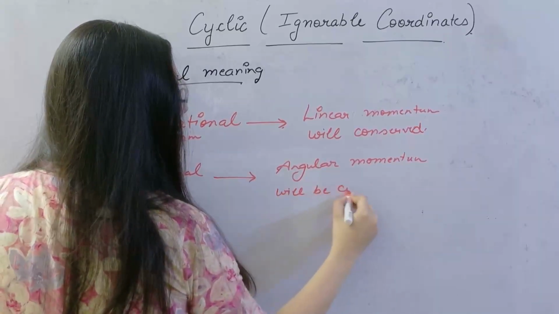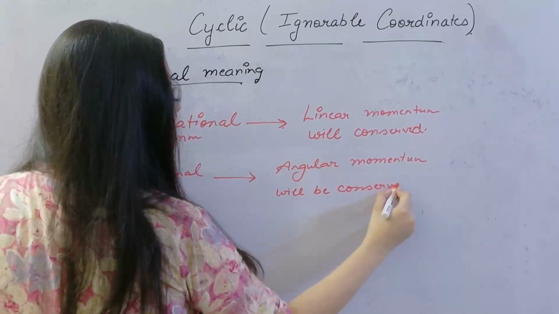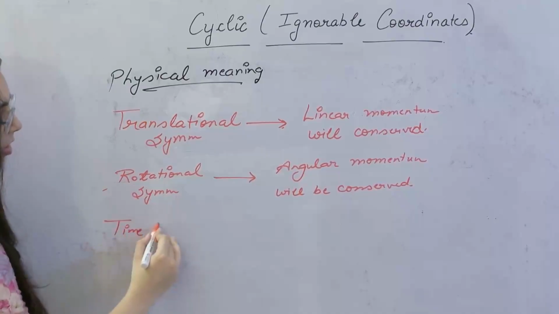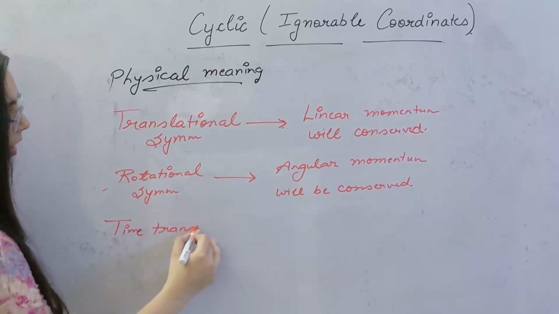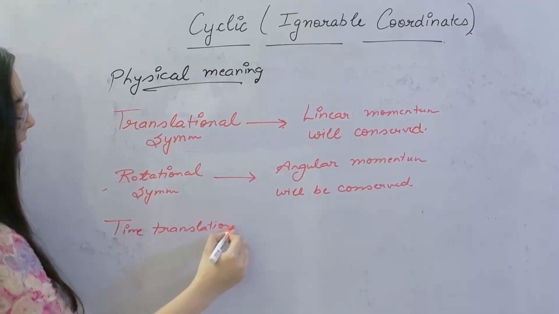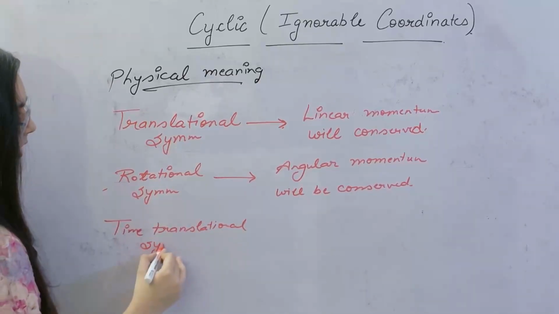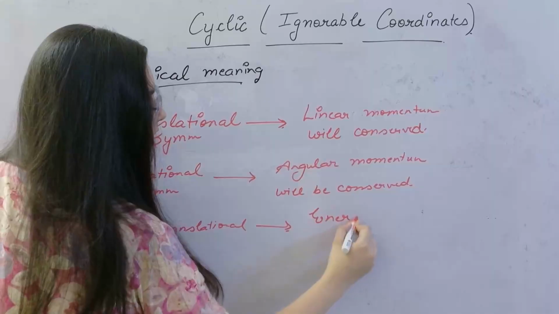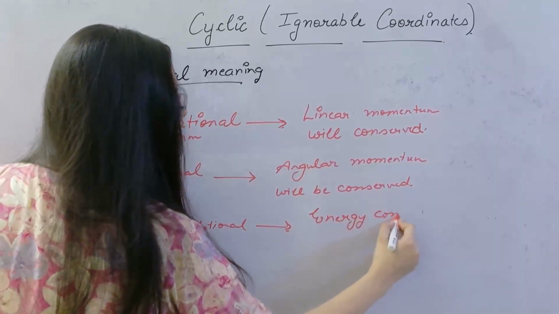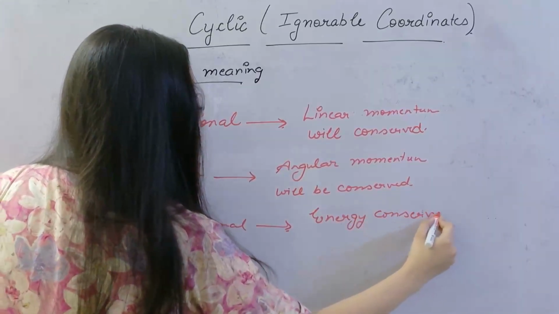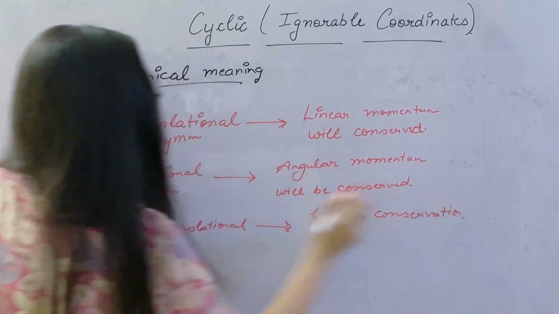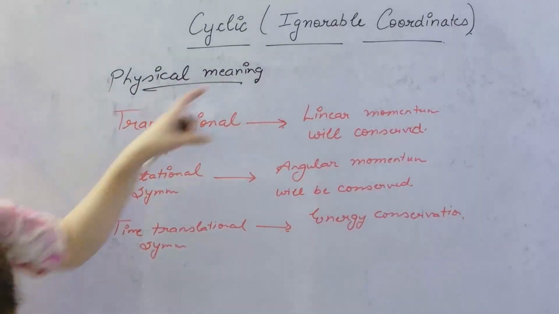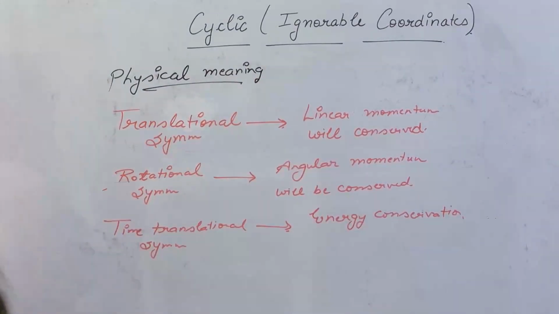And if we have time translational symmetry, then we have energy conservation. So if these kinds of symmetry appear in our system, then the corresponding quantities will remain conserved.